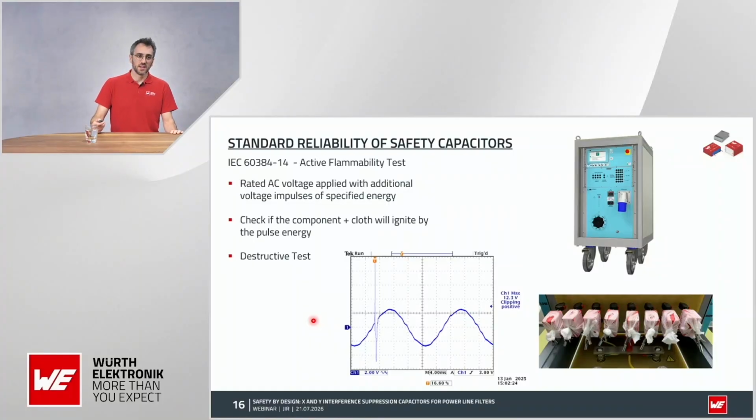Now, in this test, the active flammability test, the main idea is to see if the capacitor is going to ignite or catch fire due to flashover from the impulse. Now, in this test, we are not required to do electrical measurements, but what we do is we use this fabric.